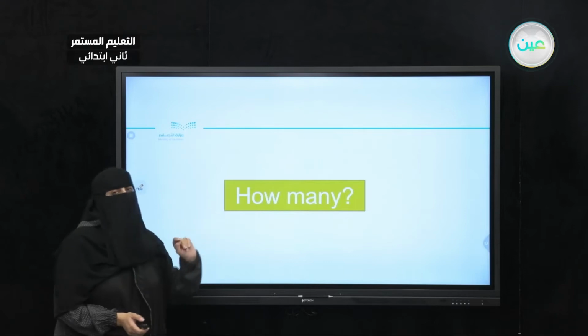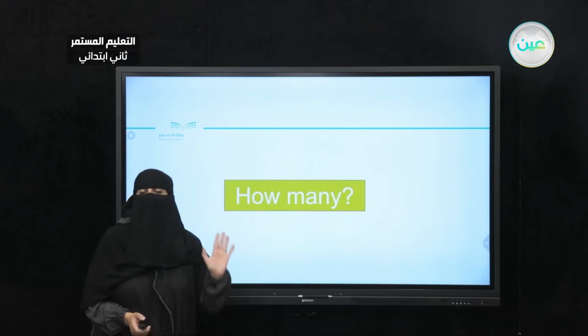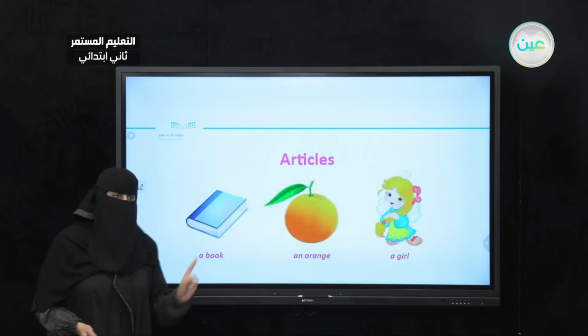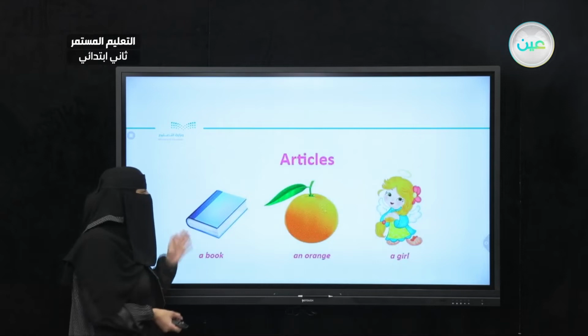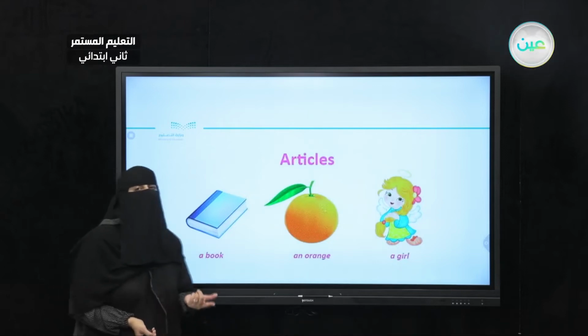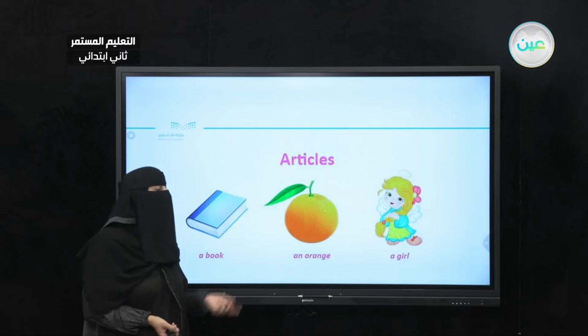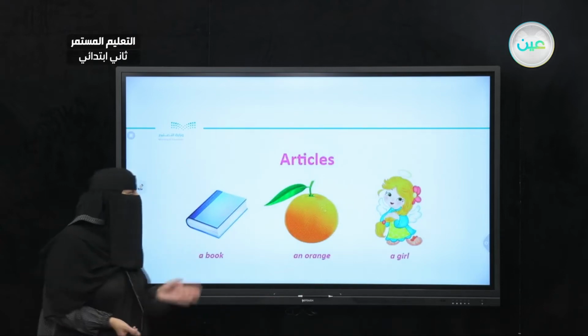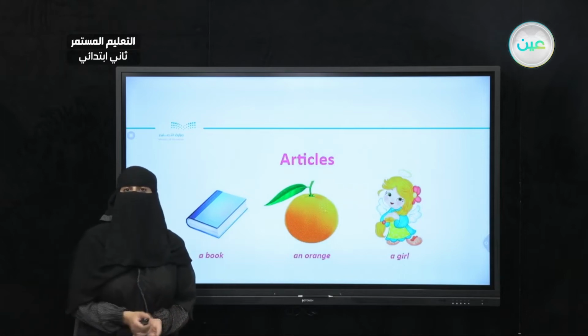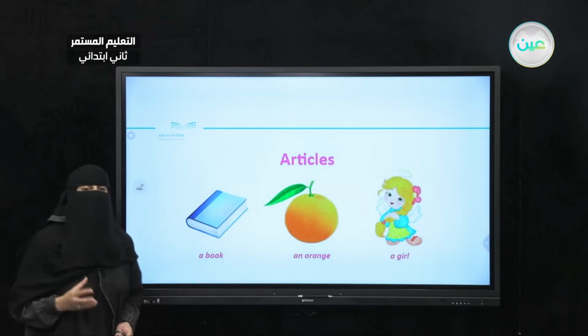So in order to answer the questions how many apples, how many books, how many oranges, how many eggs, remember we are talking about singular. As in this picture, how many books? 1 book. How many oranges? 1 orange. How many girls? 1 girl.